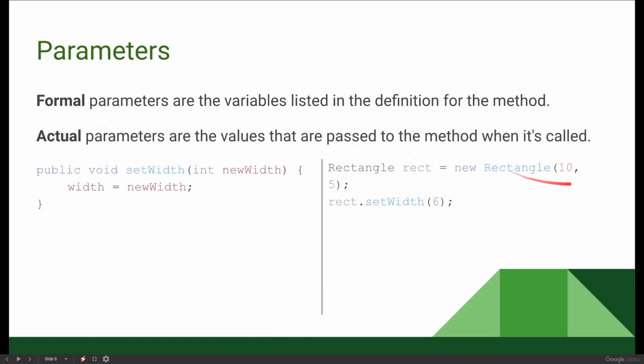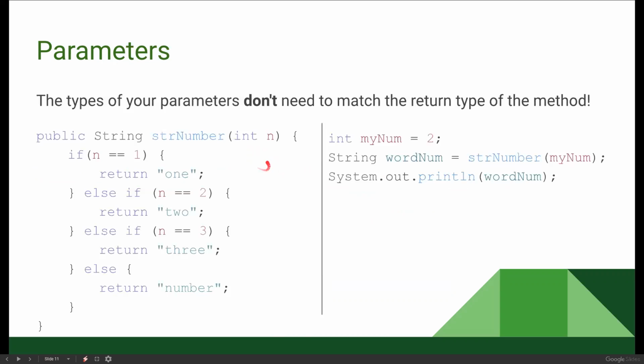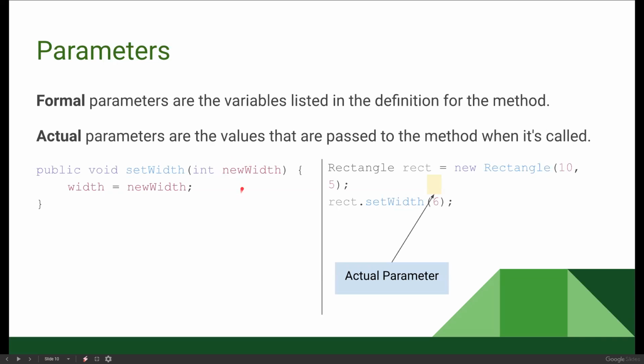Actual parameters are the values we are passing to the method when we call it. So newWidth is our formal parameter. Our actual parameter, that's the value 6. Our actual parameter is used to initialize our formal parameter newWidth.